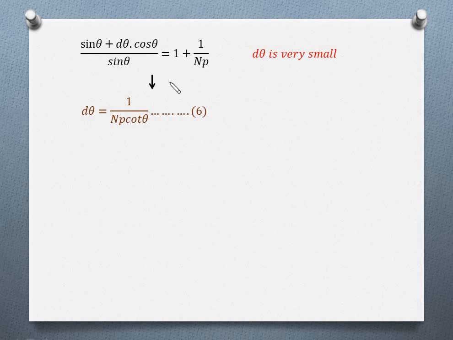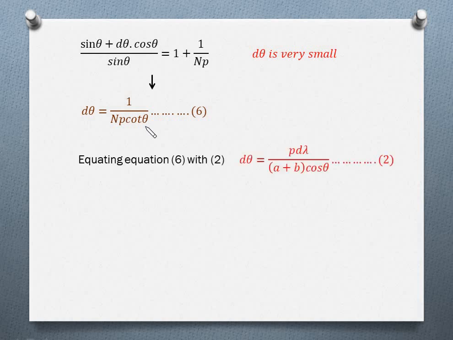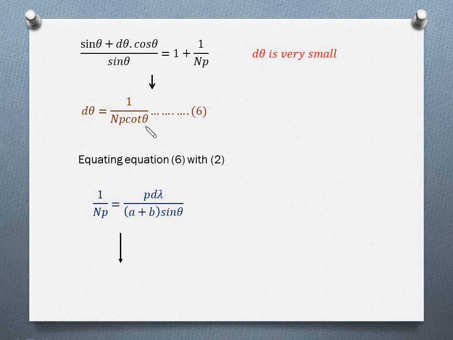Simplifying this again, we will have d theta equals 1 by np times cot theta. Now we have already obtained this d theta by another method, in equation 2. So we can compare equation 2 with equation 6, and what we will have is this equation. Further simplify this by substituting (a plus b) sin theta equals p lambda.